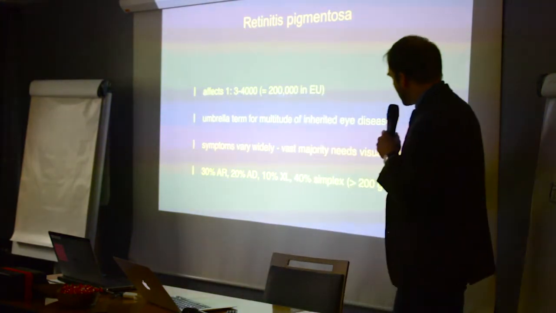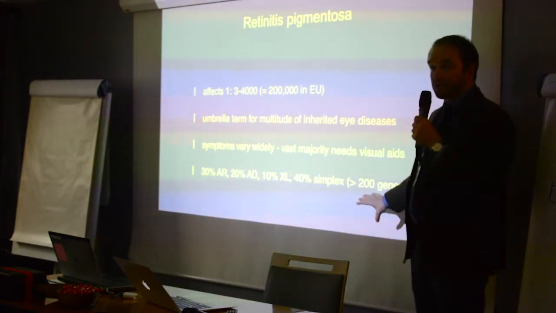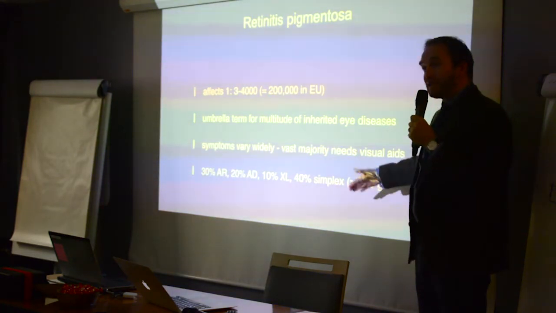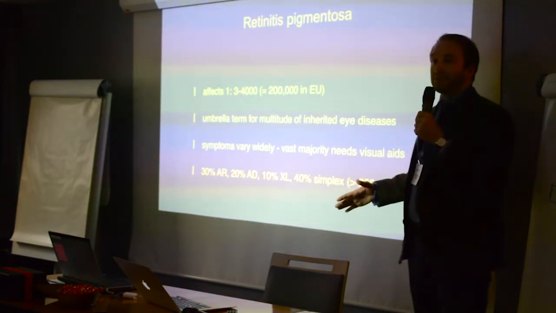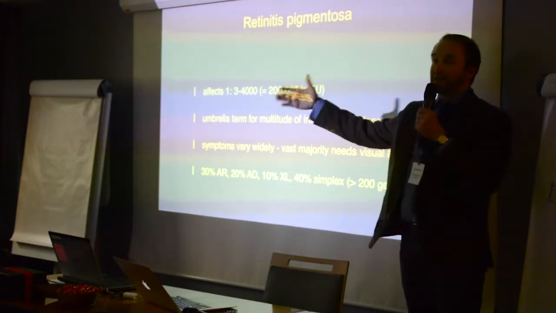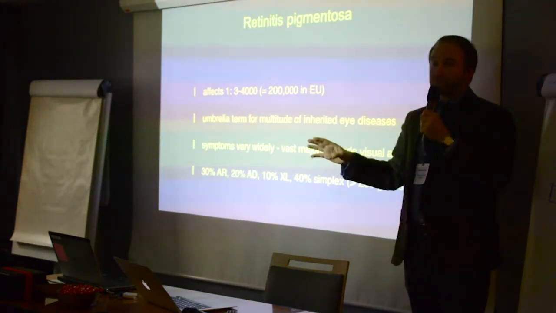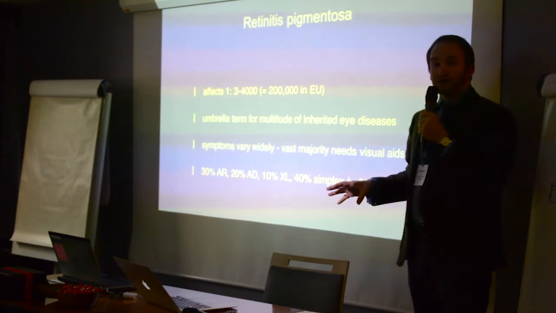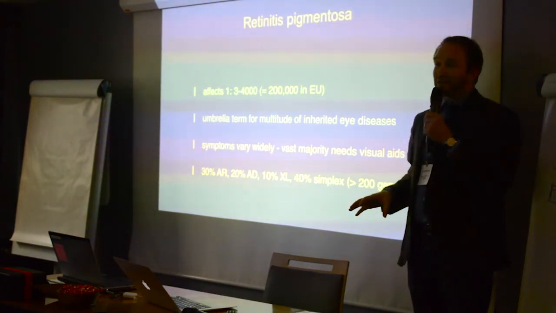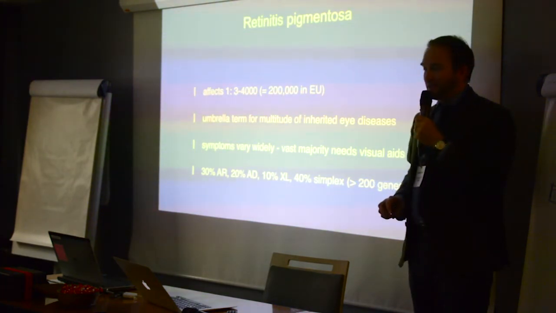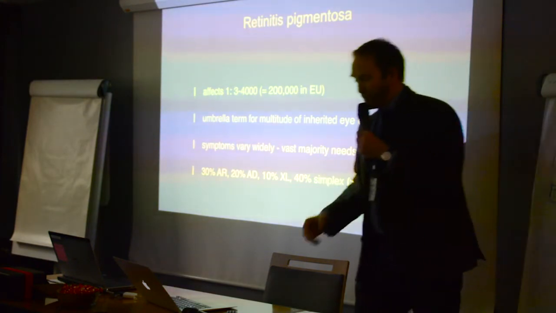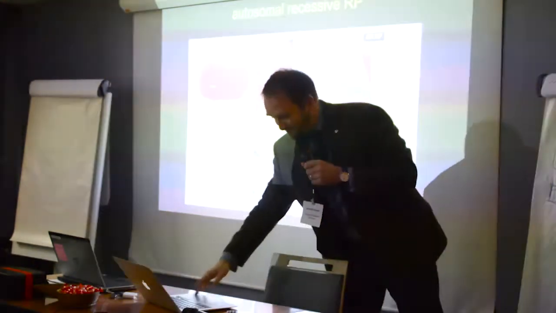Okay, so there's a multitude of genes that can lead to retinitis pigmentosa, and each gene by itself has the option of being mutated at various places. So that adds up to a good number of mutations that we can deal with and work with. That's a positive way of thinking about that.